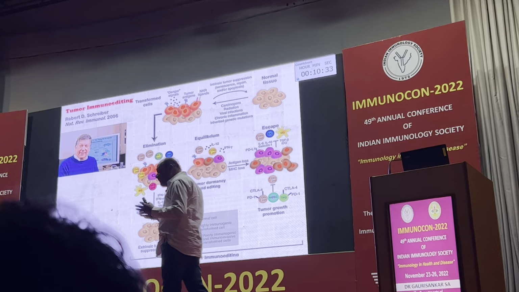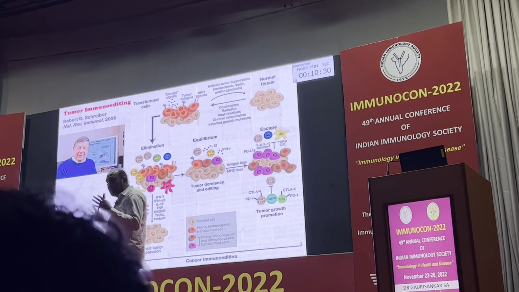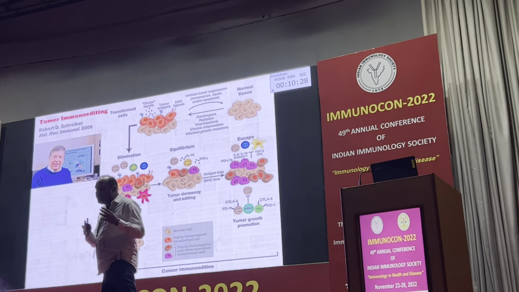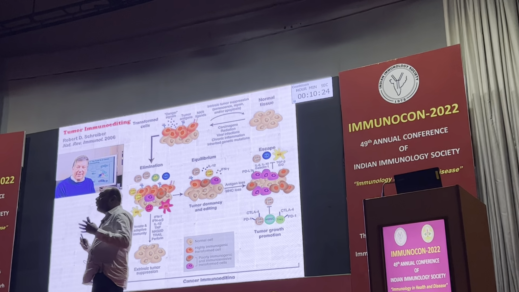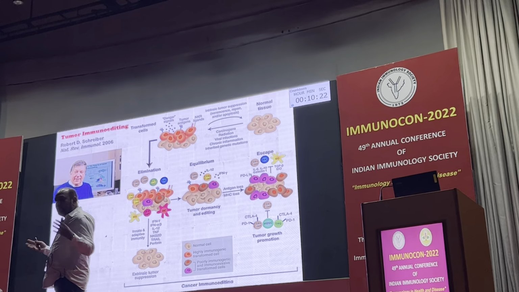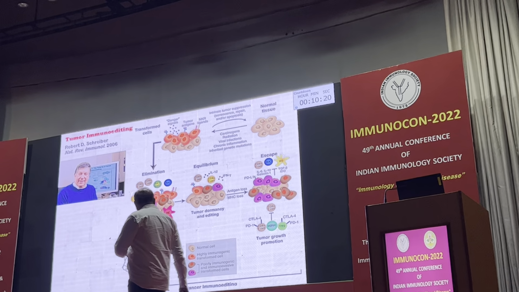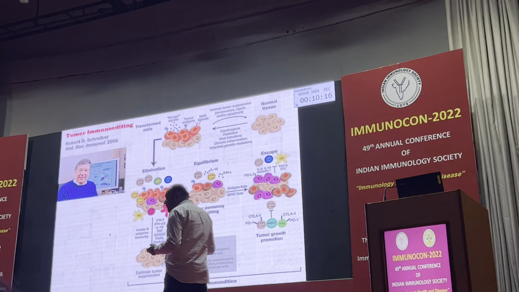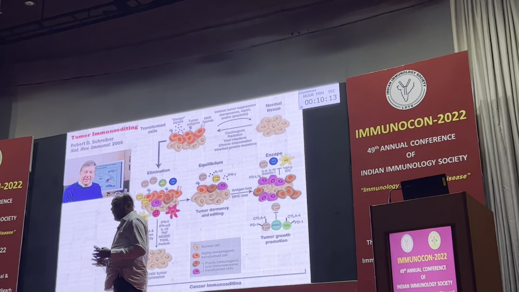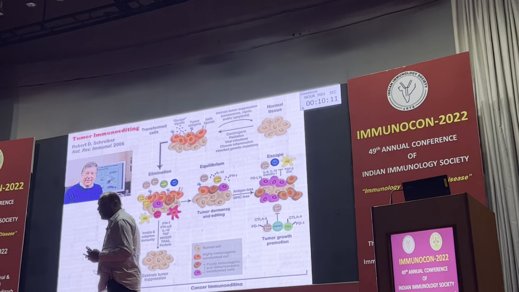And whenever they find that there is a problem in the immune system, a suppression of the immune system, maybe because of aging, or maybe because of overdoses of antibiotics or immunosuppressive drugs, as soon as they see that, these cells start proliferating very fast, and they overpower our immune system.